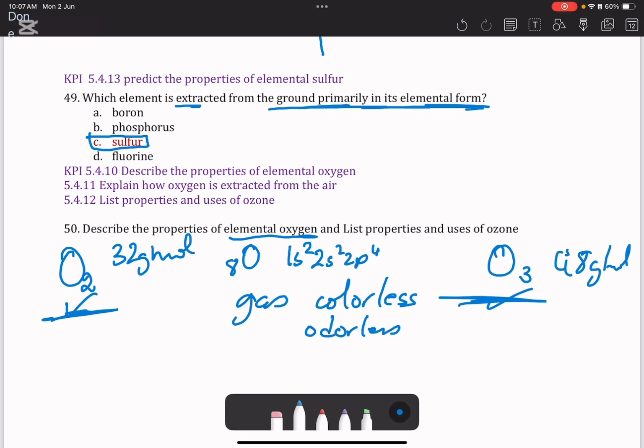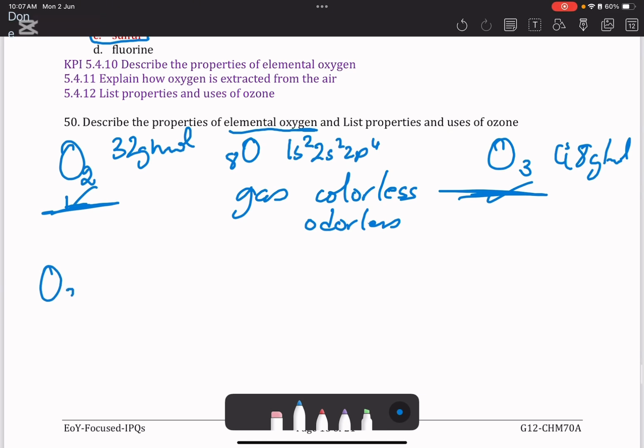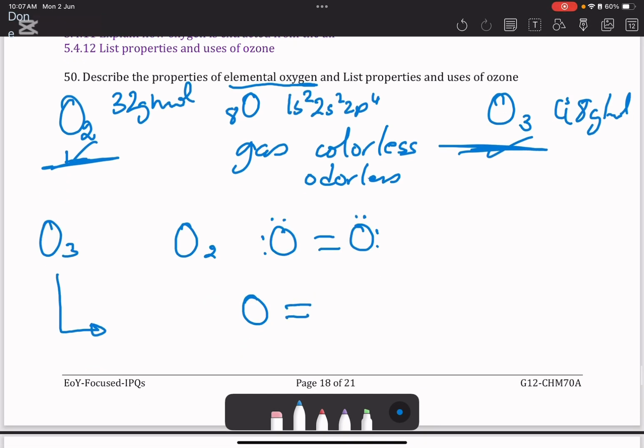Basically, these are common. Now, uses of ozone. You can find ozone in the upper layer of the atmosphere, and it's the one that protects us from the UV light coming from the sun. So it absorbs the UV light and doesn't let it come to us. Now, the oxygen Lewis structure is O with a double bond to O, with 2 lone pairs on each O, whereas ozone has resonance structures.